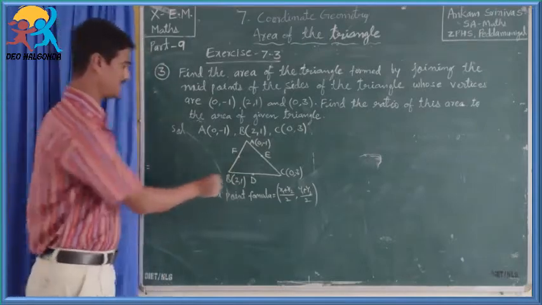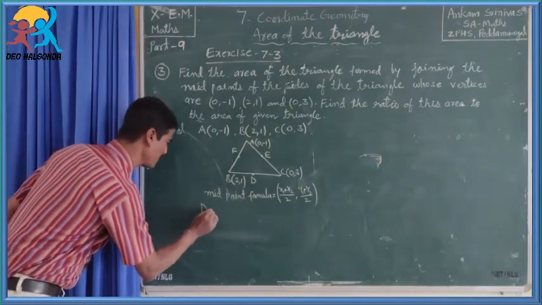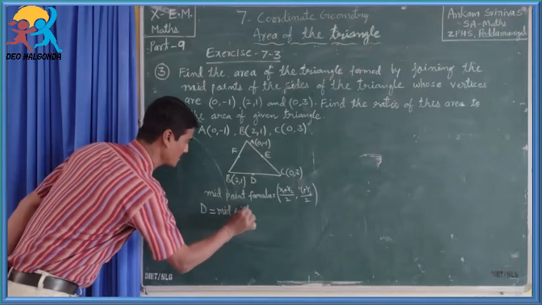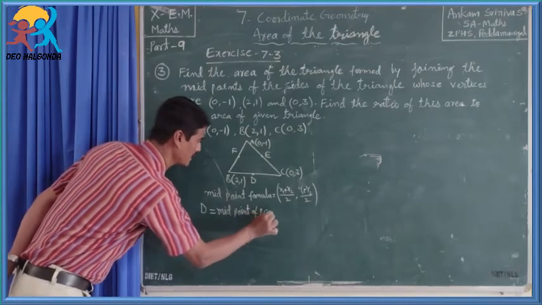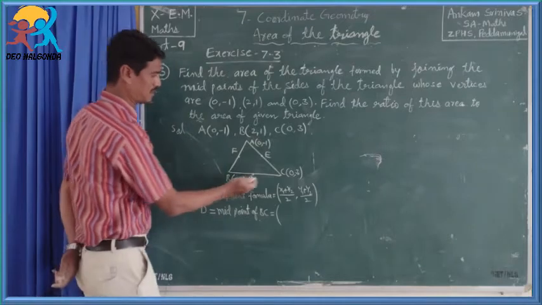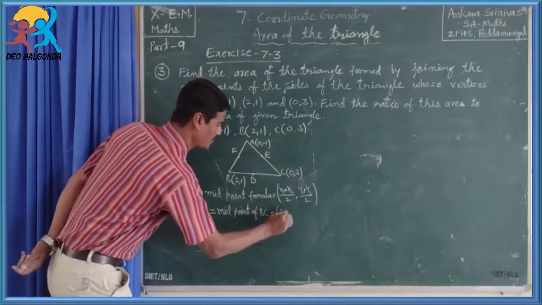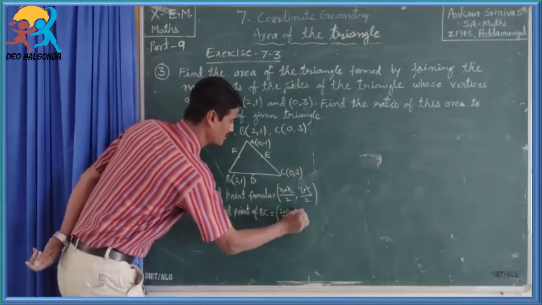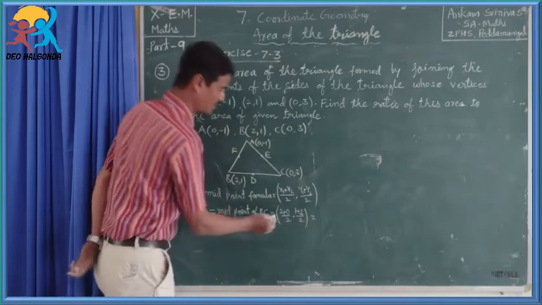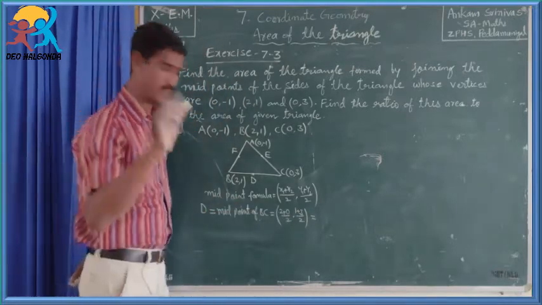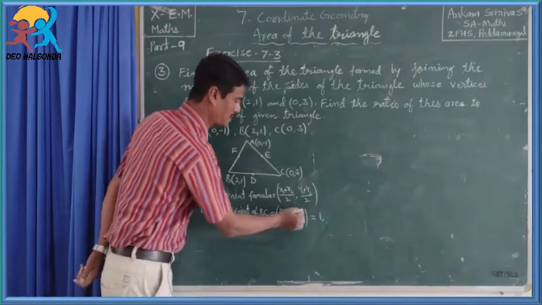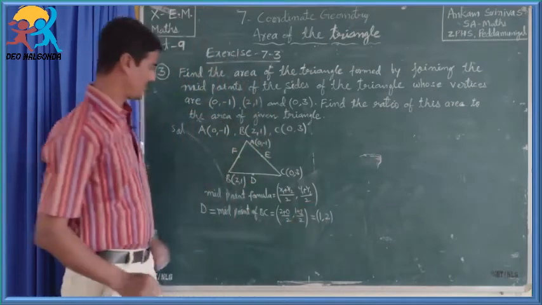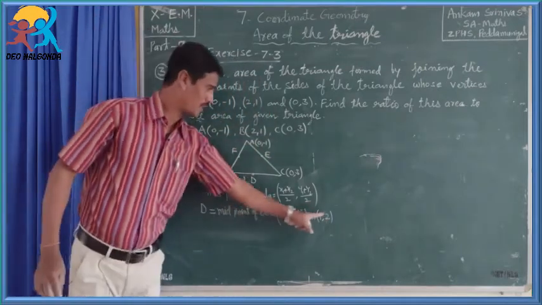Find the midpoint of BC, D. Sum of the x coordinates: 2 plus 0 by 2, and 1 plus 3 by 2. Here 2 plus 0, 2, 2 by 2 equals 1, and 1 plus 3, 4, 4 by 2 is 2. So the midpoint D becomes (1, 2).